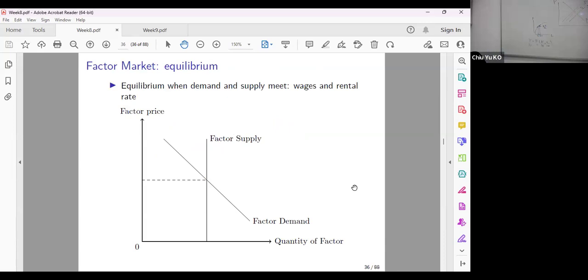You can imagine AI, in the long run, would shift the factor demand to the right-hand side. That means capital will become more expensive, because of the factor price. And that's the reason why you can see the chips by Nvidia become very high, because the supply cannot shift, so the price keeps going up.